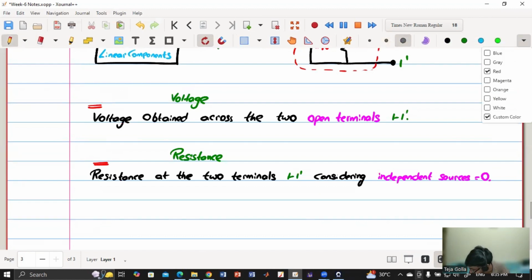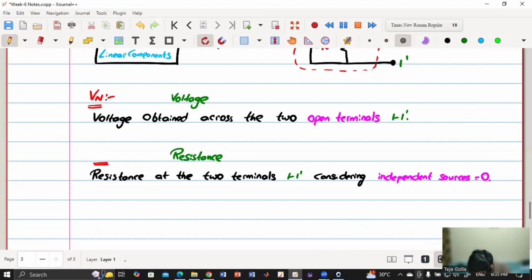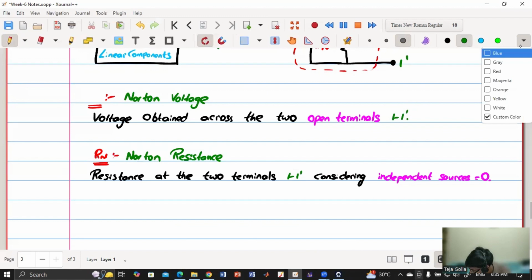We have two parameters, I Norton and R Norton. This is called the Norton resistance. I'm sorry, it should be current source. So this is IN because it is current.